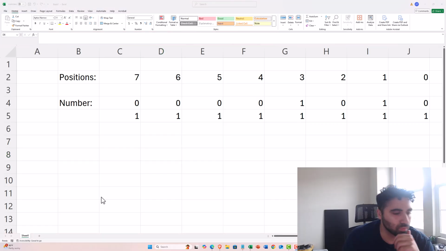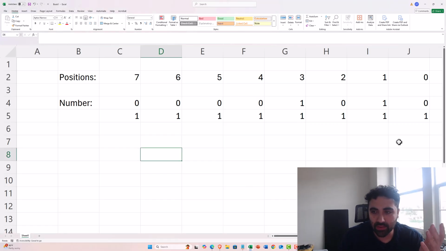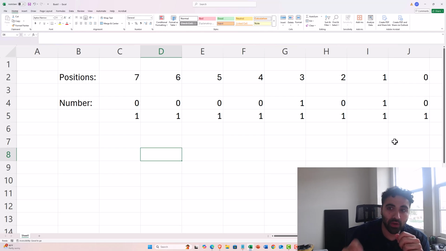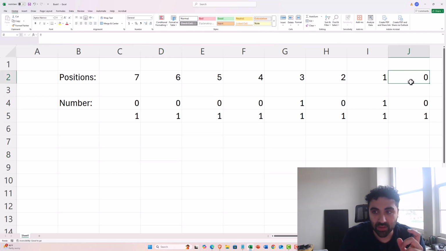Now, the way you calculate that is you take base 2, and then you use the position as a power, and you calculate that to determine what happens if all positions are a 1. Let me explain.